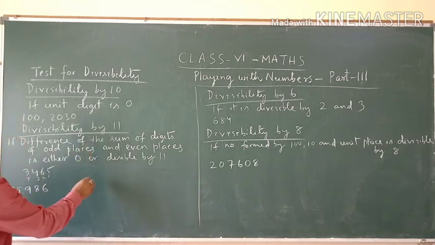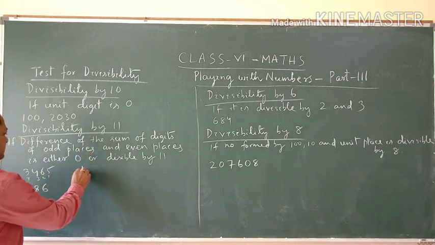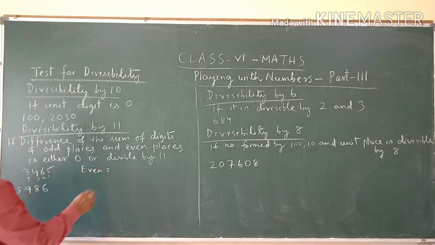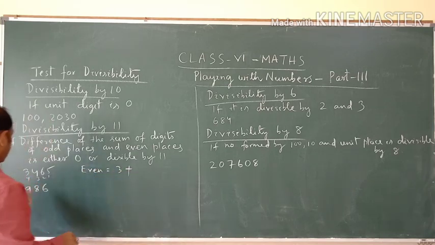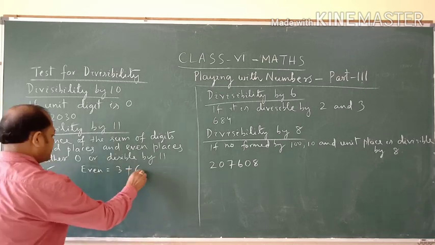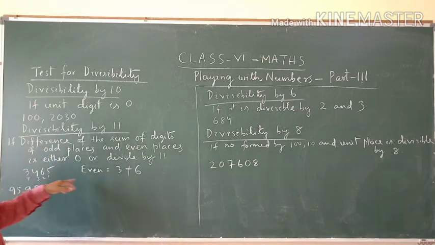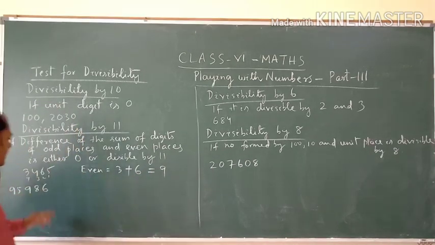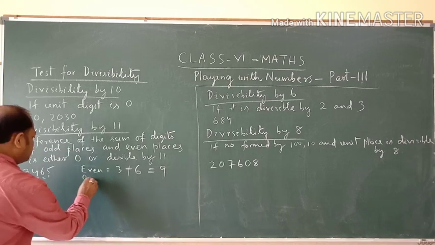Let's find out the sums. What is the even places sum? Even places are 2 and 4, where the digits are 4 and 5... In the even places, we find in 3, 4, 6, 5 that 3 and 6 are there. What is the sum? It is 9. And let's see the odd places sum.